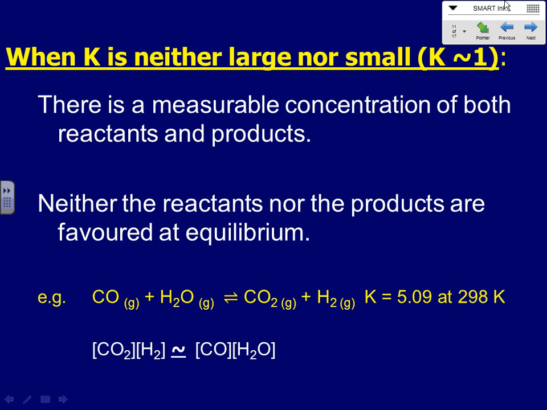And if K is close to 1, then we have a little bit of product and a little bit of reactant. Again, we're talking about a logarithmic scale here, right?